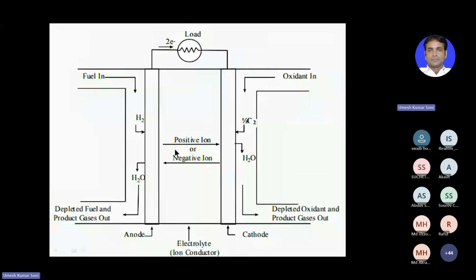This is the positive proton H plus, and this travels to this portion, and in this way, the oxygen which is given from here reacts with the electrons coming here and makes the oxygen ion. Here the oxygen ion and hydrogen ion mix together to make the water. So we can see here how the complete process works during the fuel cell operation.